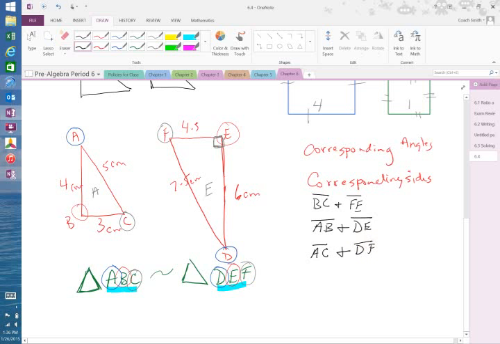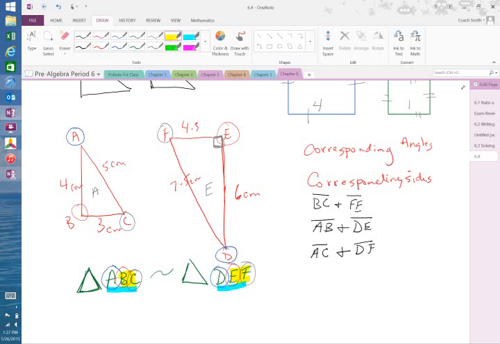Okay? Now, what you will also understand is this. We said BC, which is right here, and EF, which is right here. They also fall together in the lettering. That's why they've put the letters in order of their similarity. It happens to be in alphabetical order, but that's not always the case. So those are your corresponding sides.